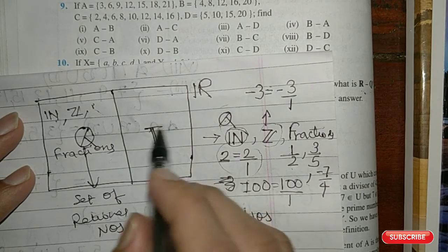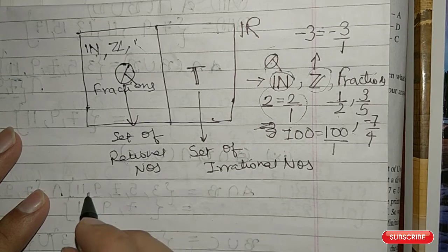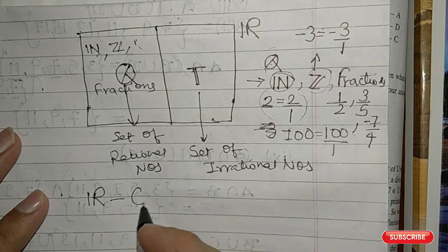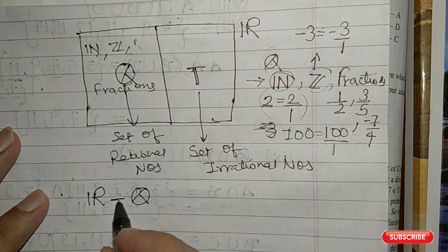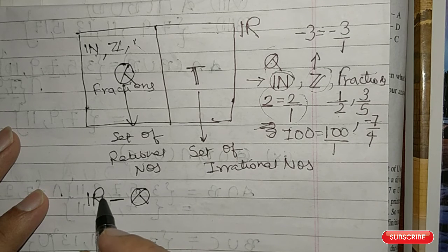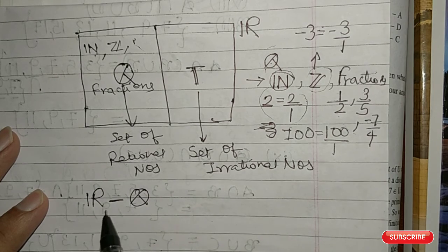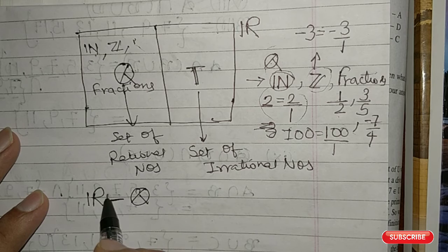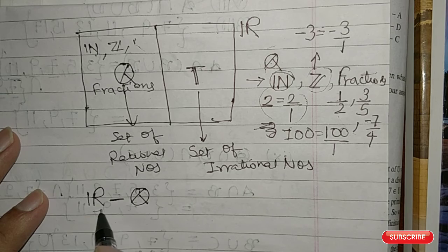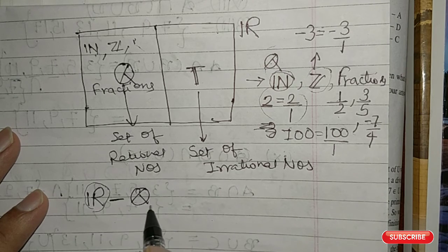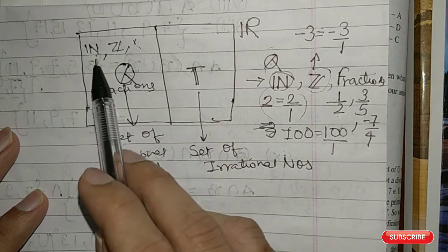So if you do R minus the set Q, what do you mean by R minus Q? It means you have to remove all the elements of R which are in Q. So what will you remove?